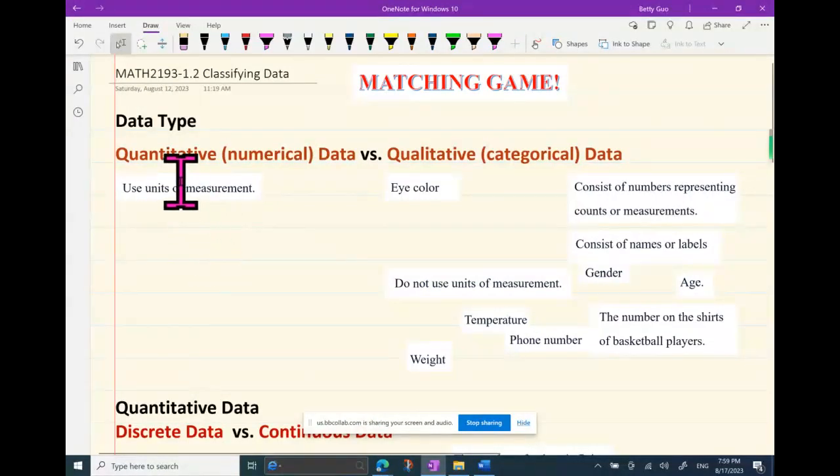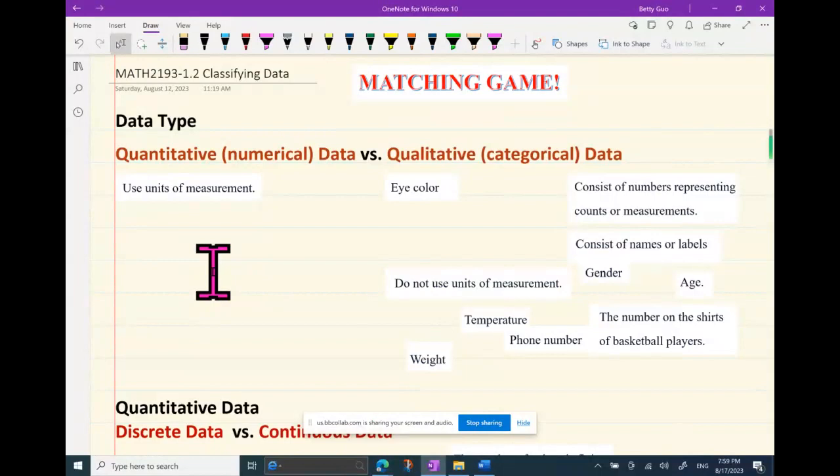All right? So of course, the quantitative data uses units, and it's important that you point out the unit. For example, if you are collecting the speed of the vehicles passing you, if you stand by the highway, you have to point out whether the speed is in miles per hour or kilometers per hour.